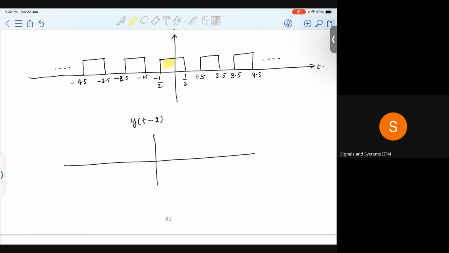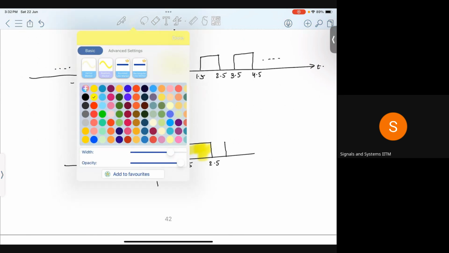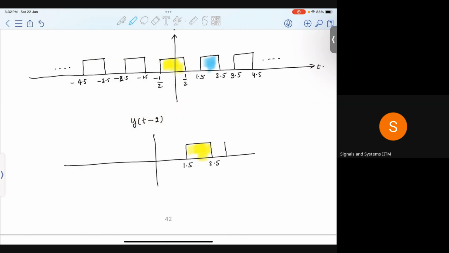The block that I am filling now gets shifted, and the block that I am filling in blue gets shifted to 3.5 to 4.5.